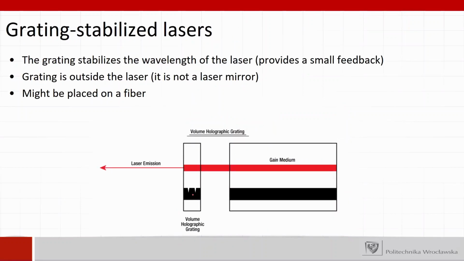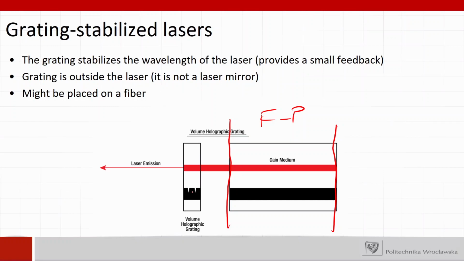Another option is to use a grating only for stabilization of lasers. So again, we have just a Fabry-Perot cavity. This is one mirror here, the second mirror is here. We have no grating inside the laser, this is just a Fabry-Perot resonator. But we have a reflective grating outside the resonator.